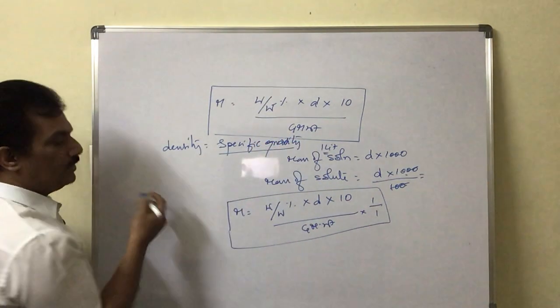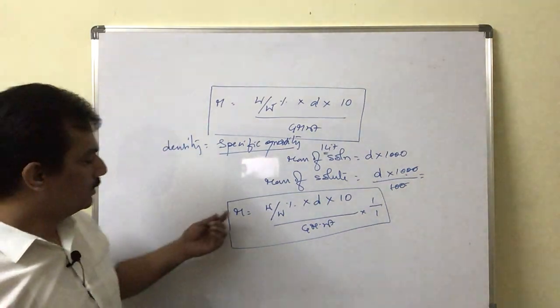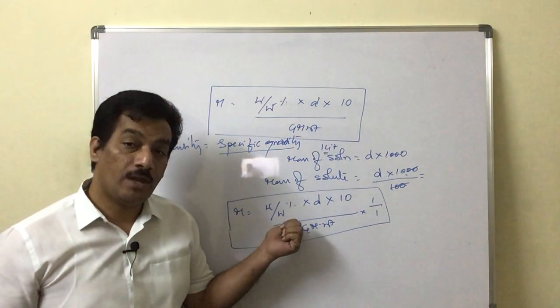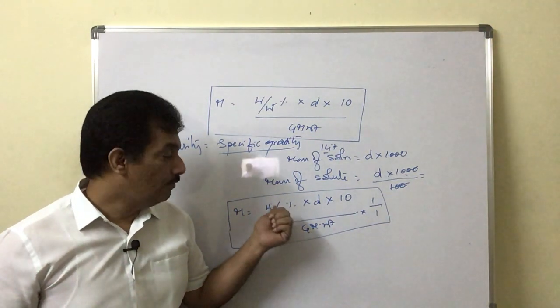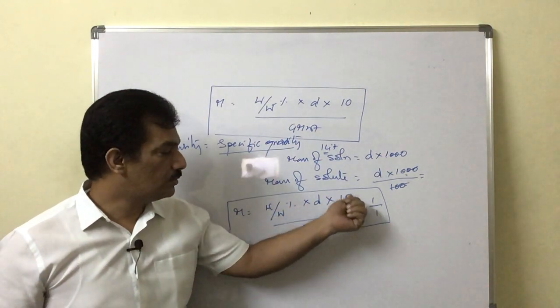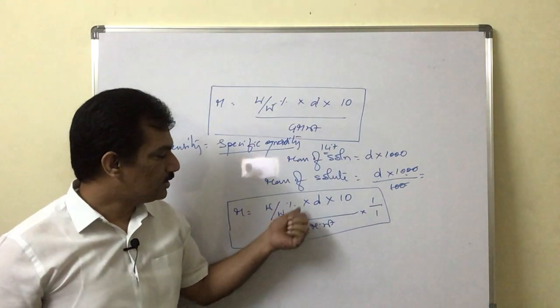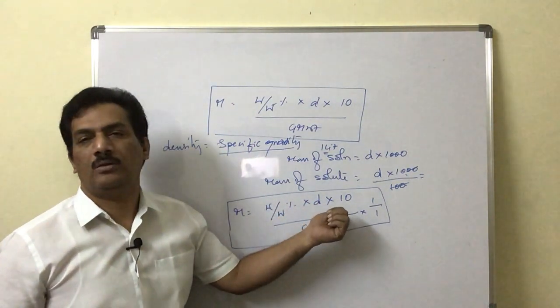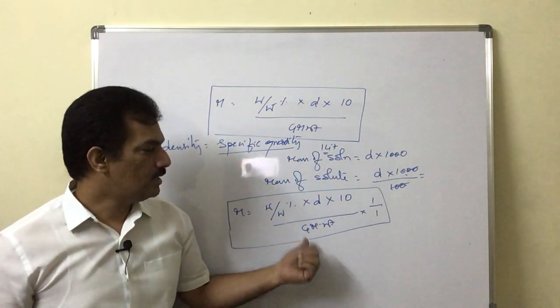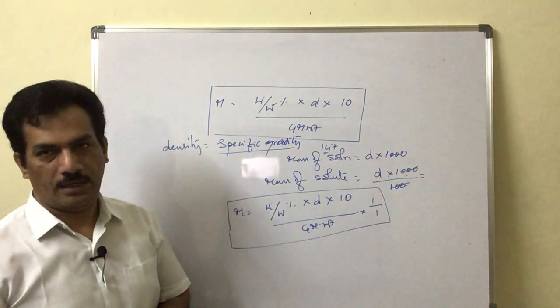Both are almost the same, with the same meaning, and that's why molarity is weight percent into density into 10 by gram molecular weight, or weight percent into specific gravity into 10 by gram molecular weight, which will provide you the molarity.